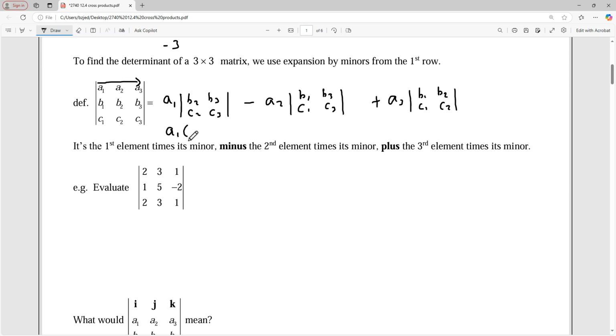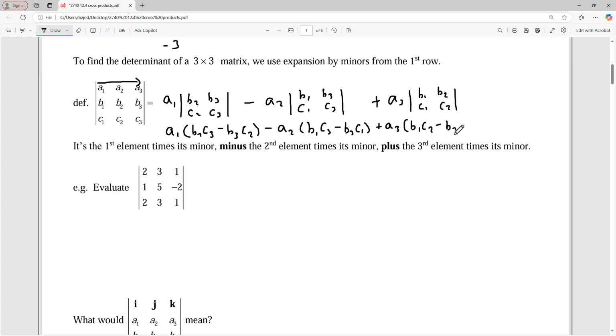I'll have A1 times (B2C3 minus B3C2), minus A2 times (B1C3 minus B3C1), plus A3 times (B1C2 minus B2C1).